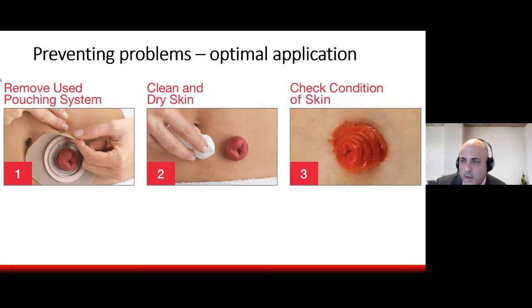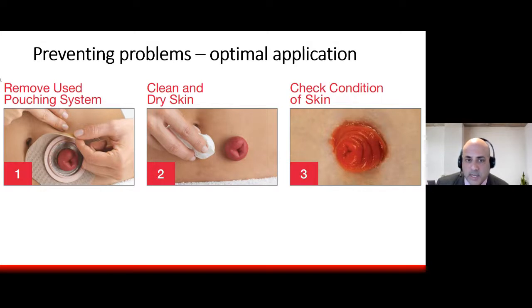So warm water can be used, and if there's still adhesive residue once you've dried the skin, simply use an adhesive remover. These adhesive removers from ostomy companies generally don't have any alcohol, so they don't sting and they don't tend to cause skin irritation.